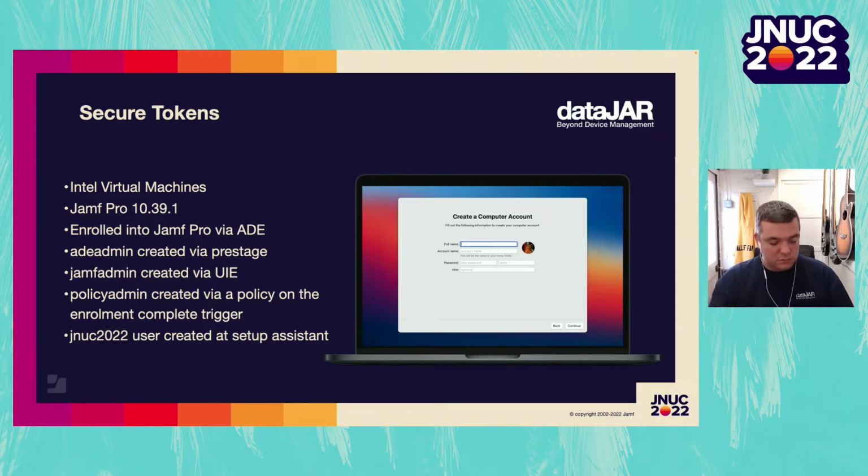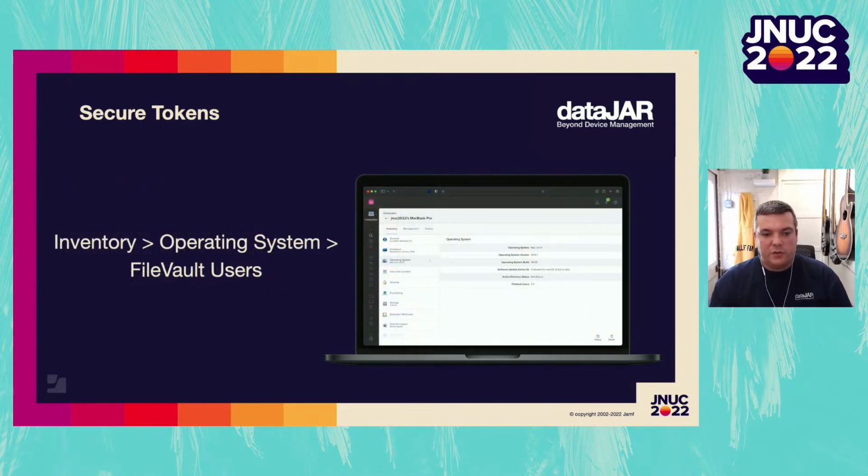To see who's got what, you can go into a device's record, and in a macOS device record, inventory, operating system, FileVault users, it will tell you which of the user accounts, not the service accounts, which are the standard user accounts, have got FileVault. So this has got 1 out of 3 in this example.